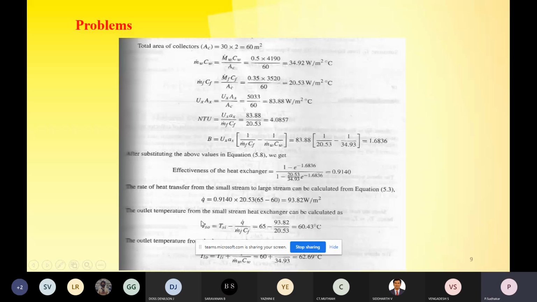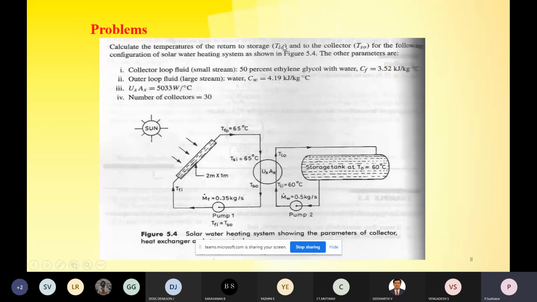So what we should find is TLO and TSO. How will you find TLO and TSO? The overall heat transfer rate we have found out. The heat transfer rate will be the same on both lines, but the temperatures will vary.